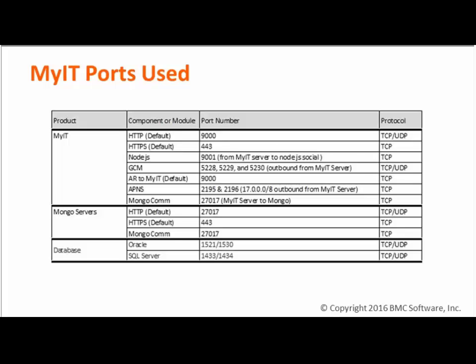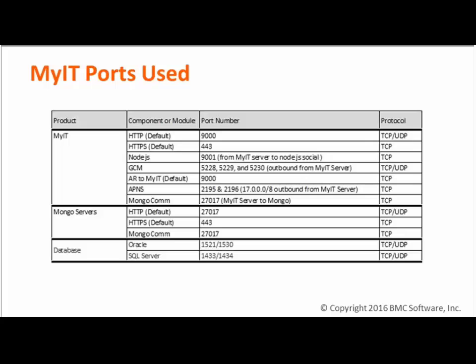Then the other component, again a third-party component, is the Mongo database. If you already have MongoDB installed in your enterprise, you can use that. Or we do bundle Mongo along with our installer, so you can use the bundled Mongo.